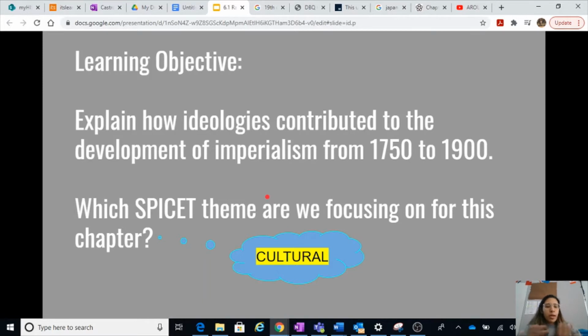Make sure you write cultural on your OneNote for the SPICE-T theme we're going to focus on today. Since we're focusing on cultural, we're going to be looking at different ideas that contributed to imperialism, how religion factored into it, basically all that stuff.